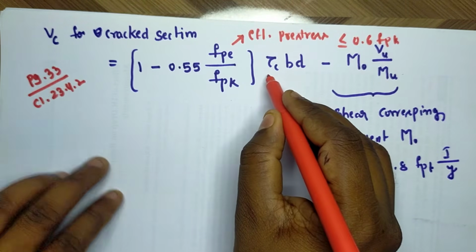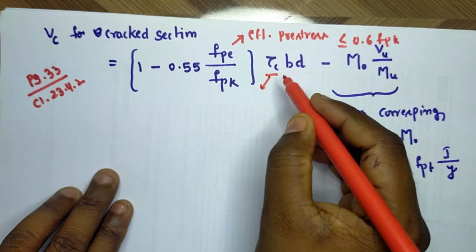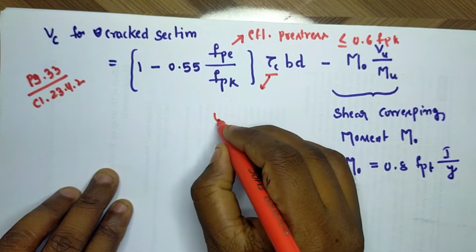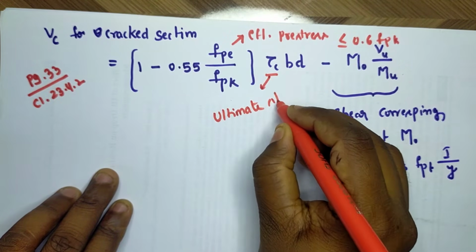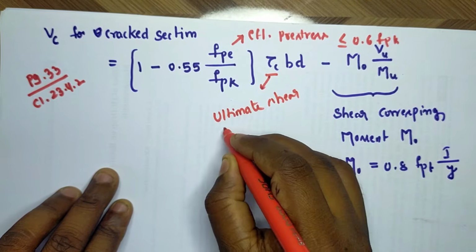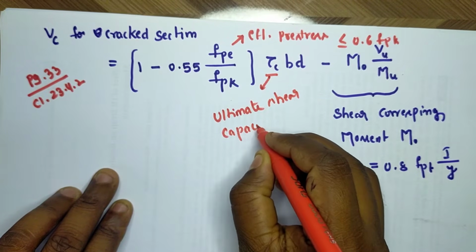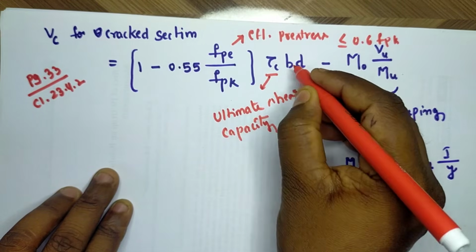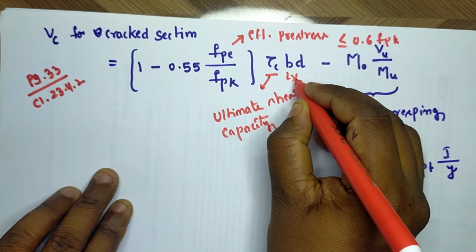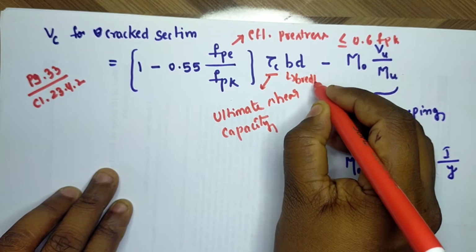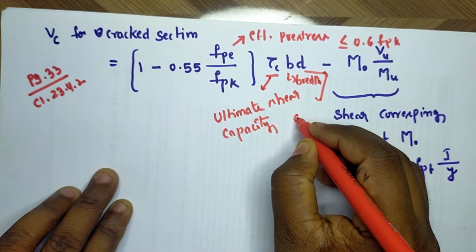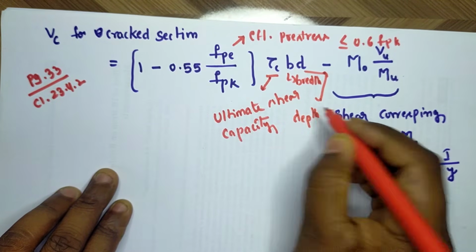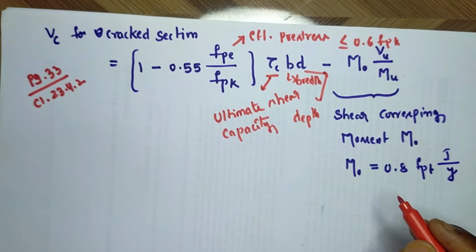Next, tau c we already know. This is the ultimate shear stress or shear capacity. b is the breadth of the member and D is the depth of the member. M naught we already discussed.